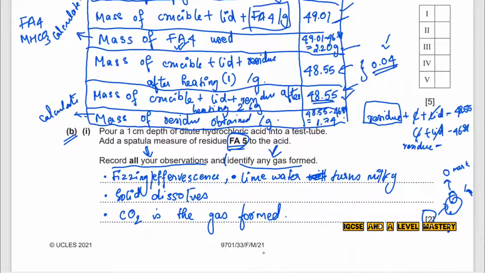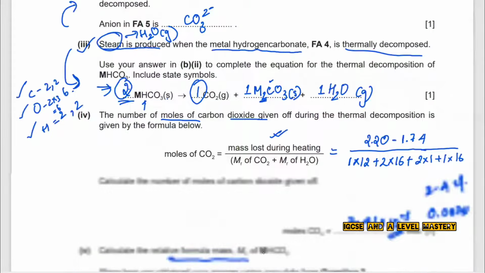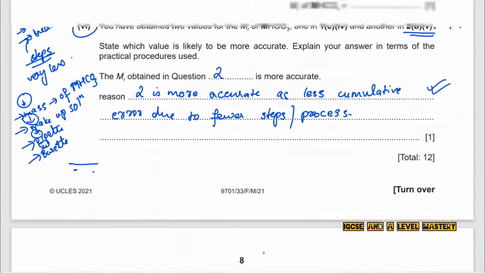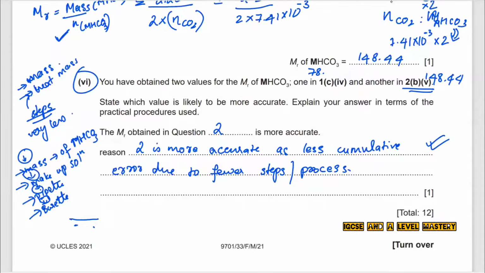So you can write that the first one will be more accurate if you are not getting constant mass after heating 1 and heating 2. So either process can be more accurate. It depends upon your results. So this is about the second part. We'll solve the third question in the third part. I hope you have understood this. Thank you.